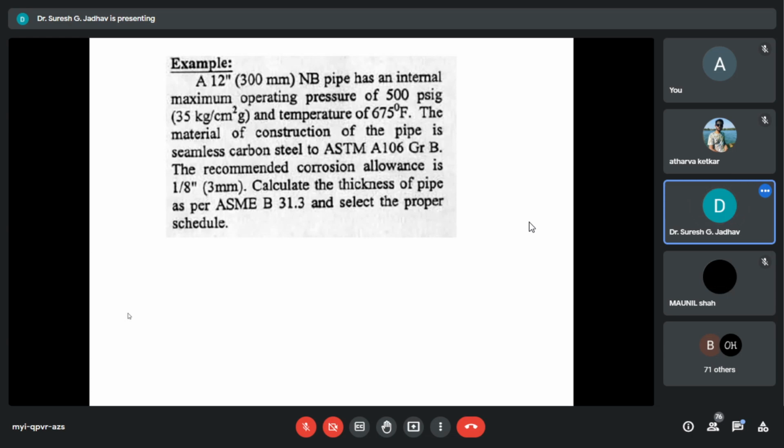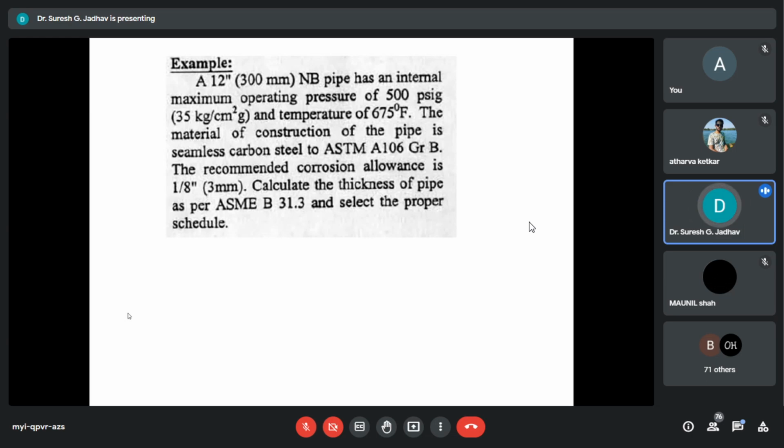When we are finding the thickness of the pipe as per ASME B31.3, we refer to standard values and select the proper wall thickness, which is called the schedule.